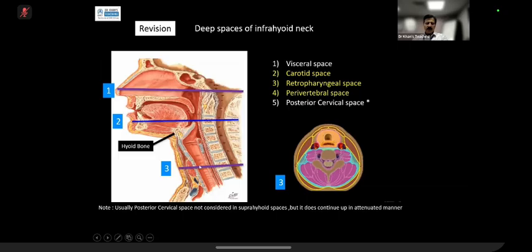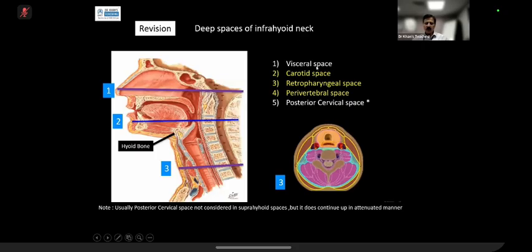Now, if we come to the infrahyoid neck, this is the hyoid bone, and this is the infrahyoid level, at one level where there is thyroid here. So here there are 5 spaces: visceral space, carotid space, retropharyngeal space, perivertebral space, posterior cervical space. Key point to remember is that 3 of these spaces, carotid, retropharyngeal, perivertebral, are present in the infrahyoid as well as the suprahyoid neck.